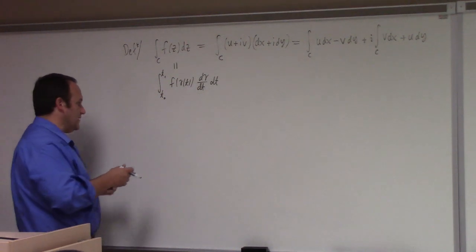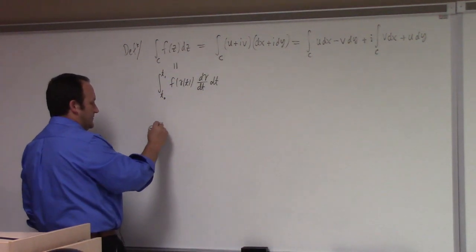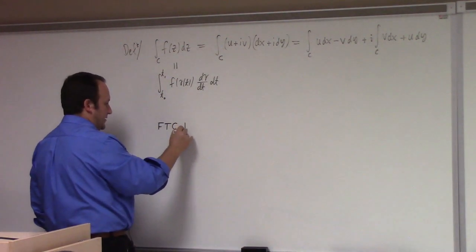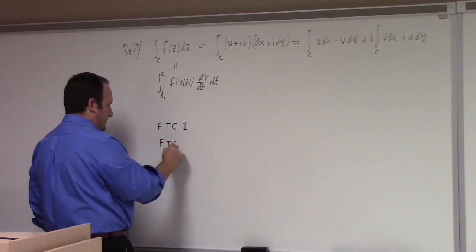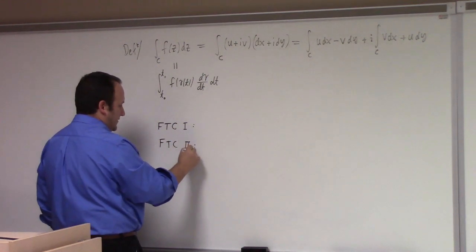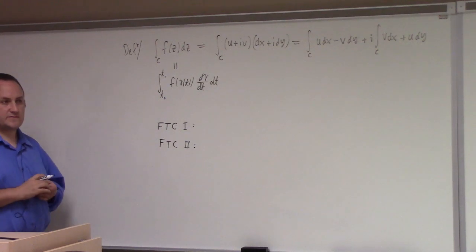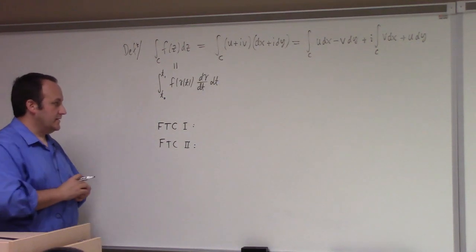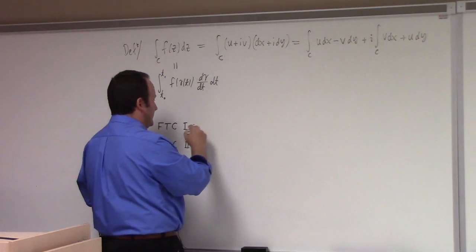One of the things we can say is the fundamental theorem of calculus part 1 and part 2. These both have natural analogs for the complex line integral. So FTC 1 basically says what?